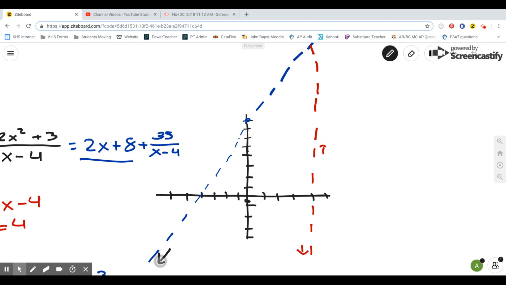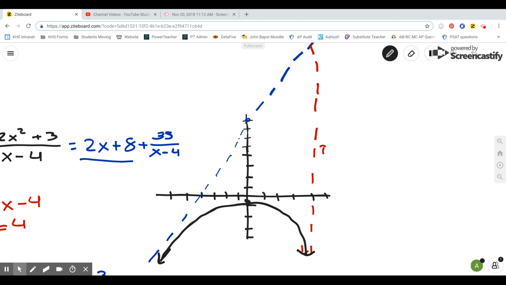And I have to hit this y-intercept, so I'm going to come up, hit that y-intercept, and then come back down to follow that vertical asymptote down to negative infinity. And then I know that I have to be in the opposite direction on the other side of the vertical asymptote.